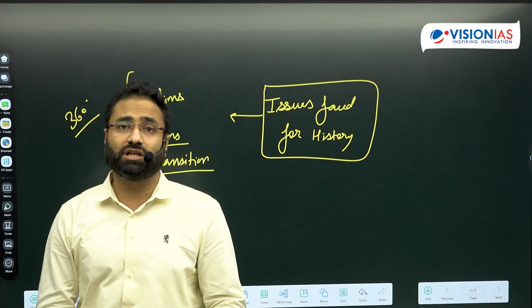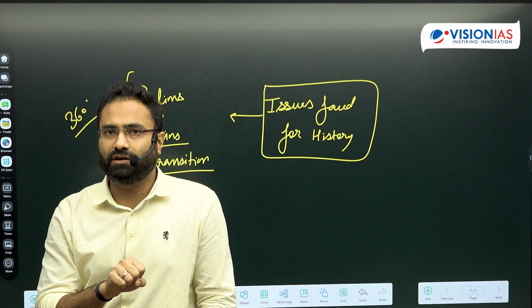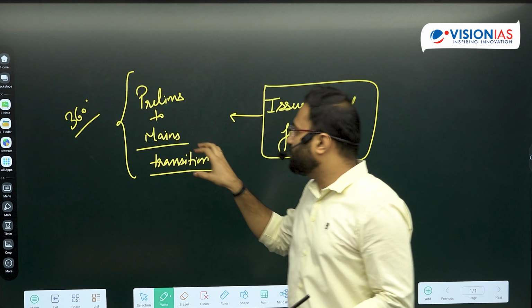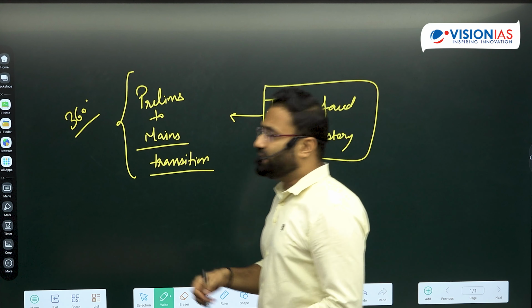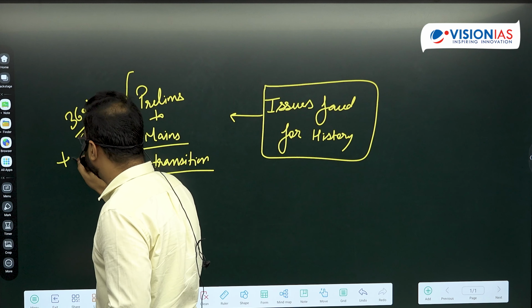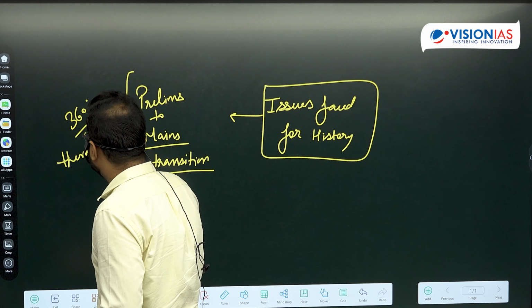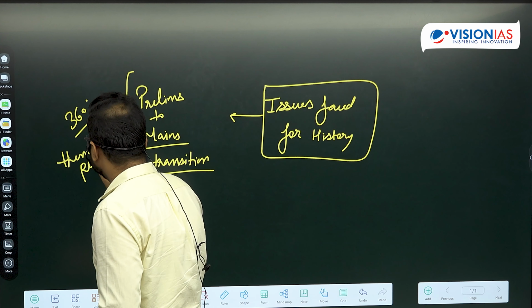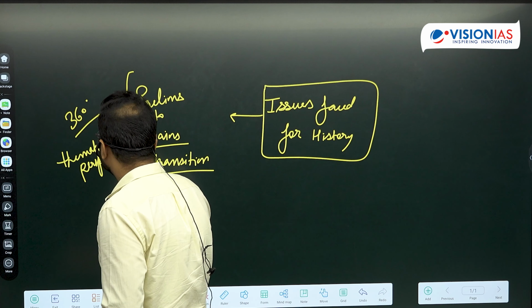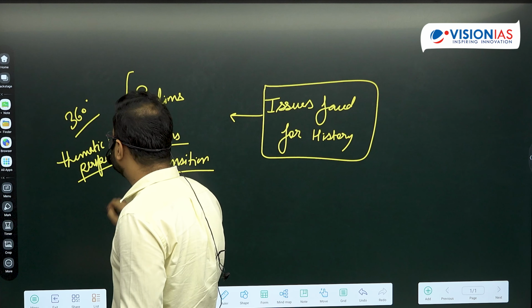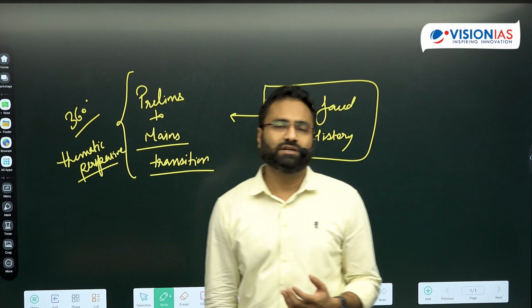So you have to talk about all the strands of the freedom struggle. It's not only about one specific movement. So when it comes to the mains examination, there has to be 360-degree coverage from the thematic perspective, and not just the chronology aspect.